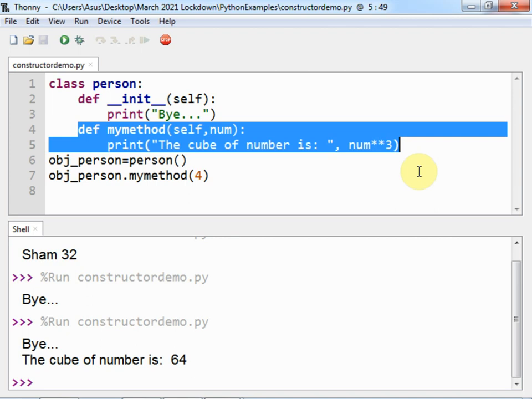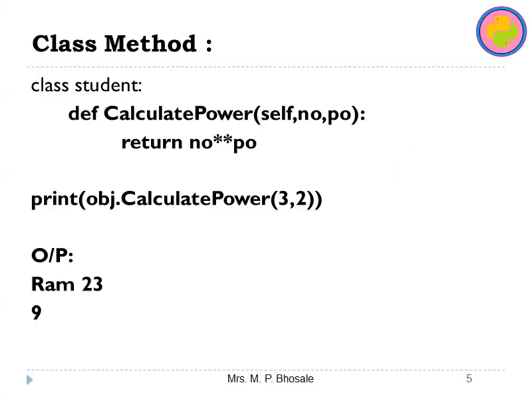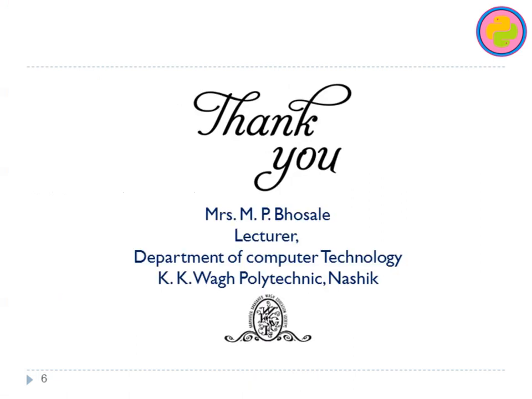If you are using the class name to call the function, then you don't need to specify self parameter, but if you are using the object to call the method, at that time to replace that object name inside the parenthesis you need to pass the self parameter and then remaining parameters. So this is all about class methods. I hope now you can write the class methods and you can call them through the object of that class. Thank you.